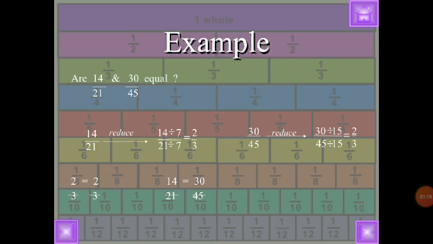And 30 by 45 is divided by 15, both numerator and denominator. If we divide them, the answer is 2 by 3. You can see that 2 by 3 and 2 by 3 are equal. So we can say that 14 by 21 and 30 by 45 are equal fractions.